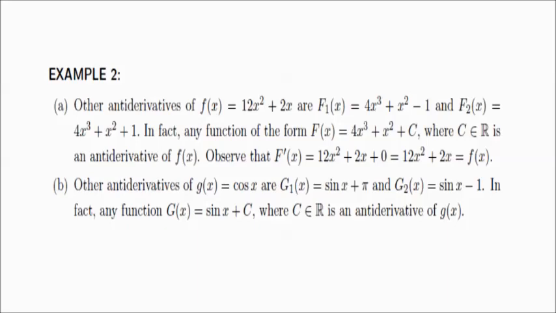Therefore, class, any constant you add or subtract here, the answer is still this. So let's represent the constant as plus c. It means plus c can be any real number. So c is an element of real numbers. Real numbers, class, not rational. Real numbers.